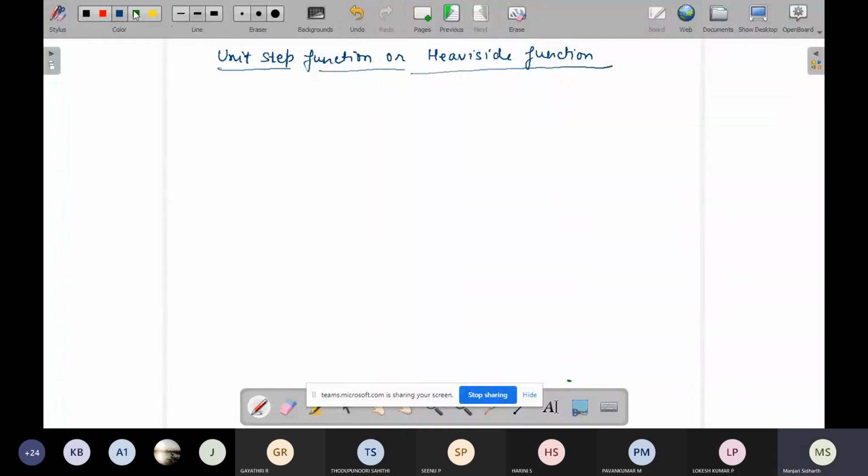Okay, so the unit step function is defined as u of t minus a. This is the unit step function, denoted by u of t minus a. There are two more notations for this.